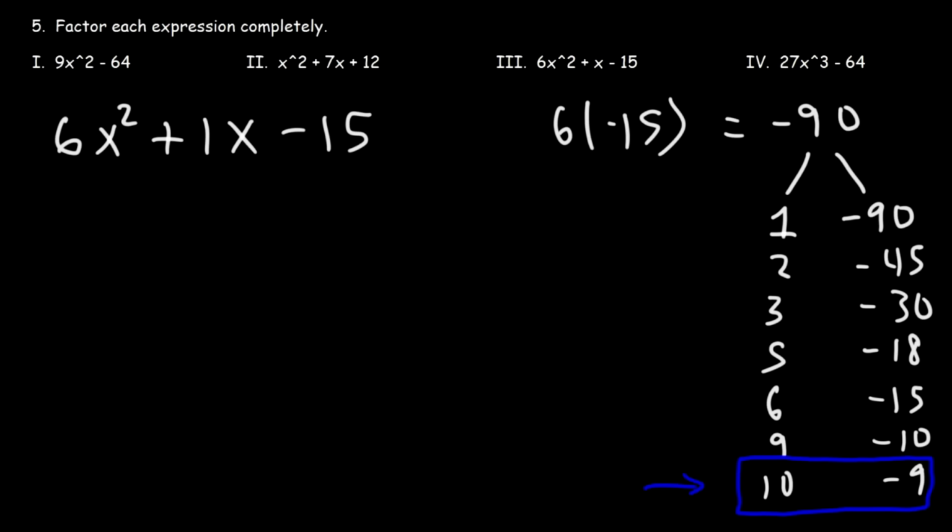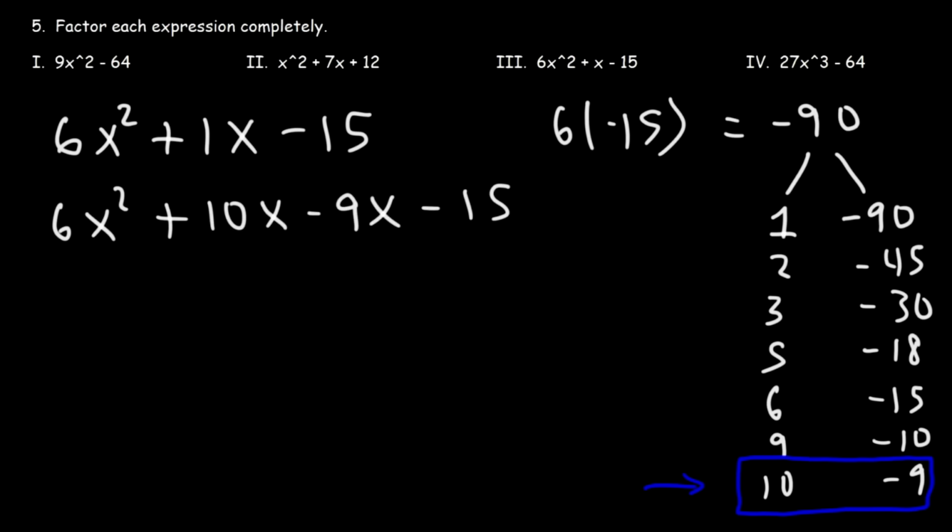Now, here's how we're going to use those numbers. We're going to replace 1x with 10x and negative 9x. So you can write it as 10x minus 9x, or you could say negative 9x plus 10x. It really doesn't matter. So I'm going to write 10x and negative 9x.